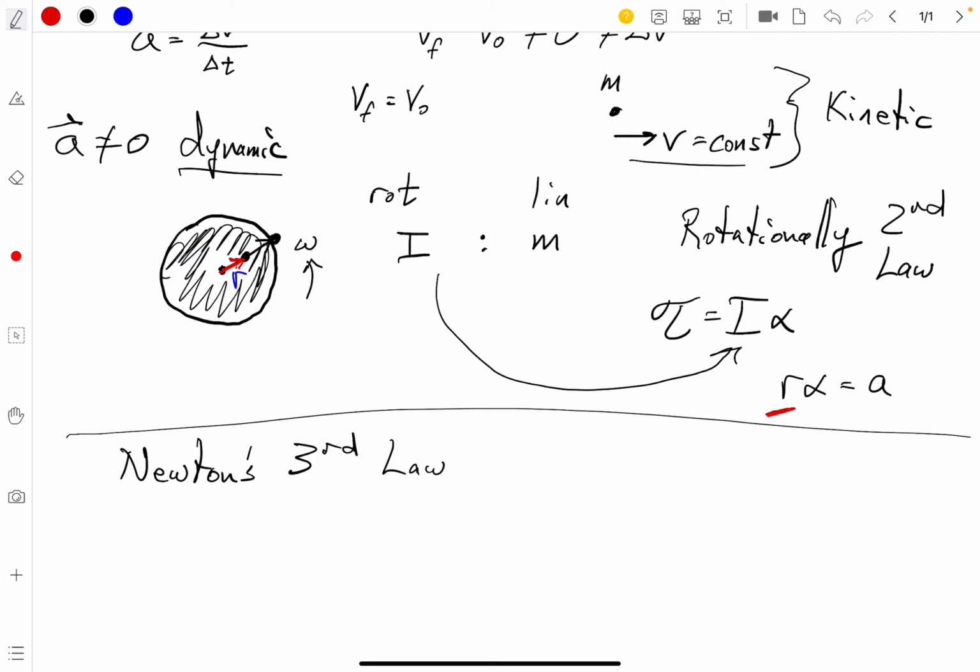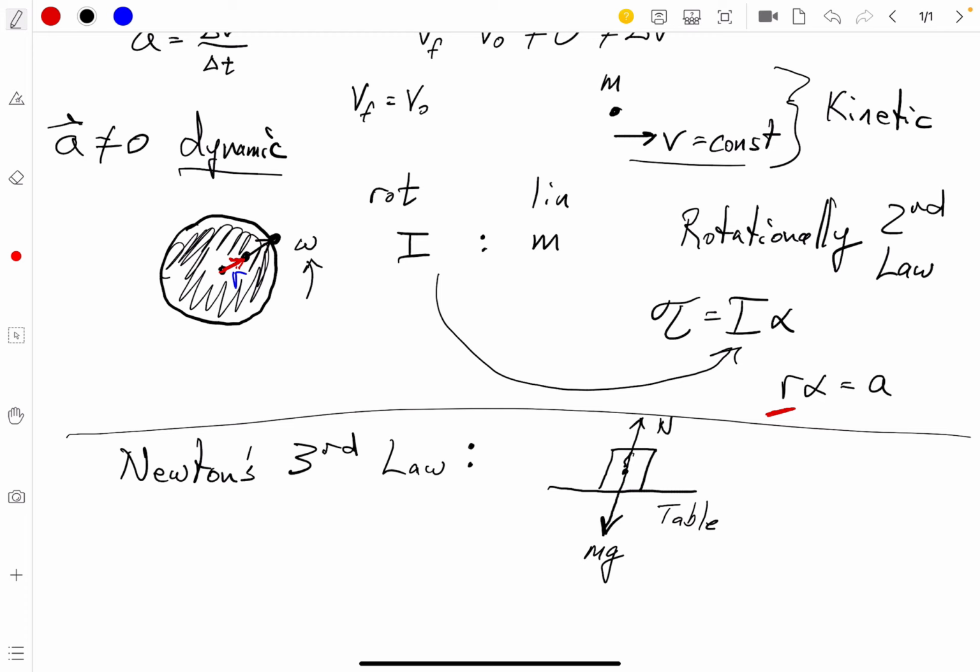The equal and opposite forces thing is most easily seen by having an object on a table. The object has some mass times gravity, but one object is pushing down, the other object is pushing up, and so we have a table and a box.